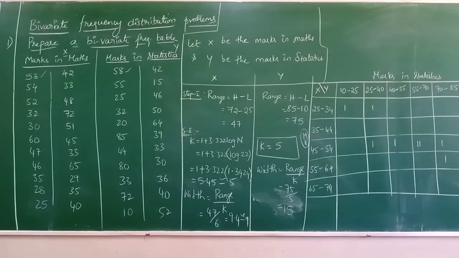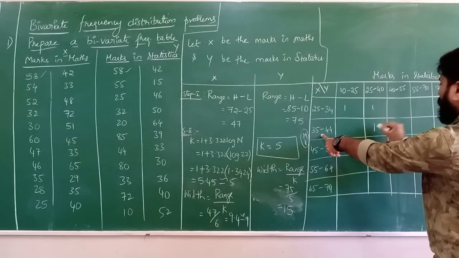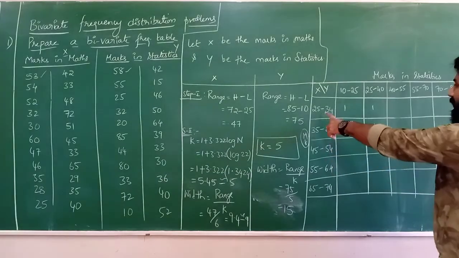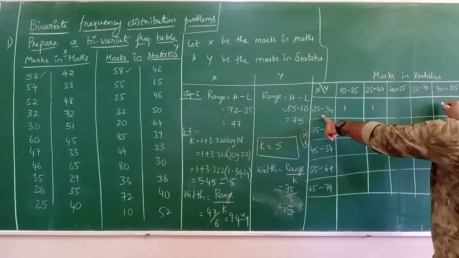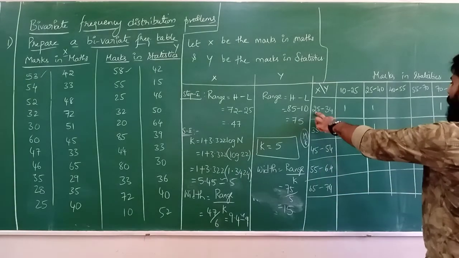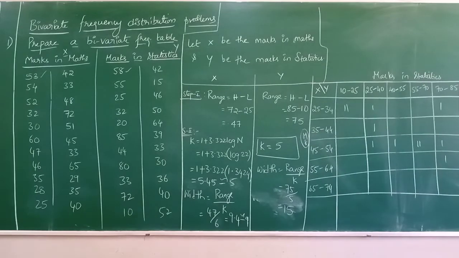And 35, 33, one tally. Then 28, 72, here one tally. Next 25, 10, here one tally.